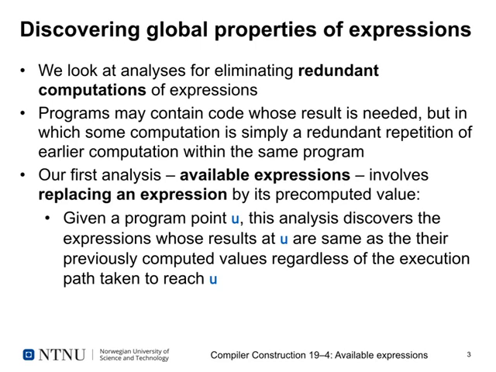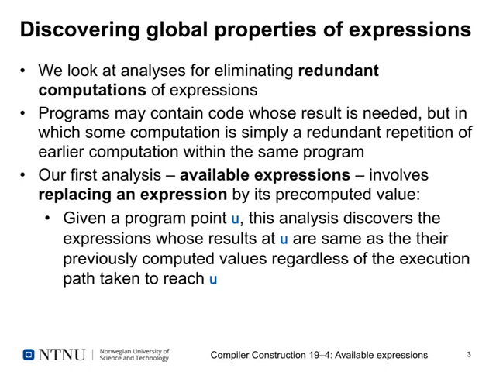So we are again considering program points. If we are looking at a certain program point, we call it u. Our available expressions analysis discovers those expressions whose results at this program point u, when we arrive at it, are the same as their previously computed values.